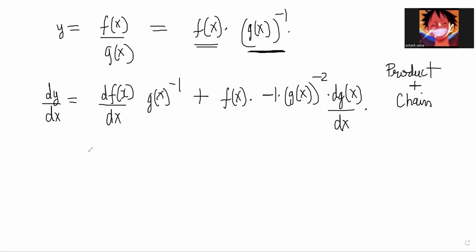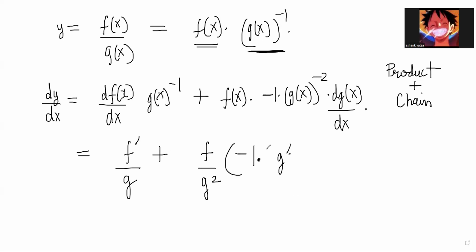So देखो ये क्या आ रहा है f dash by g plus f by g square minus 1 times g dash, right? So basically it is f dash by g minus f g dash by g square, right?